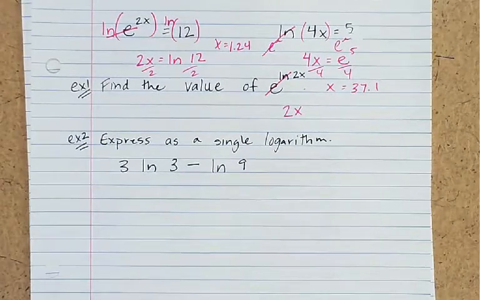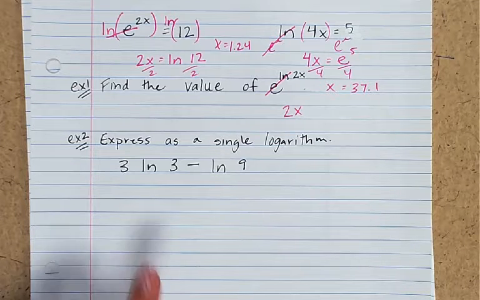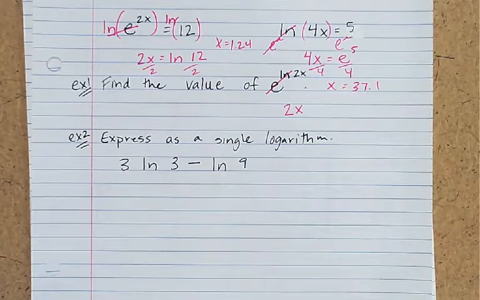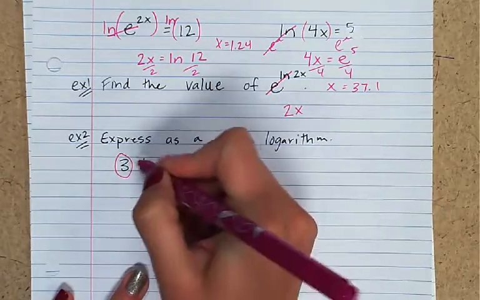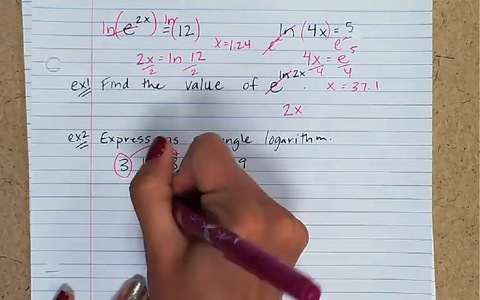Example 2 says express as a single logarithm. So we're going to use the properties that they gave us of logs a couple of lessons ago, because this is still a log, it's just log base E. So we want to combine it so there's only one ln. So the first thing you should do is put any numbers in the front back up as exponents.